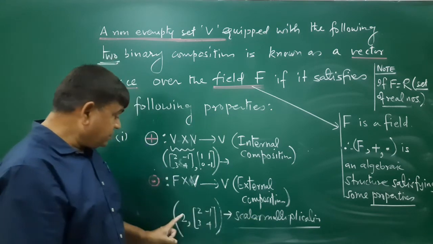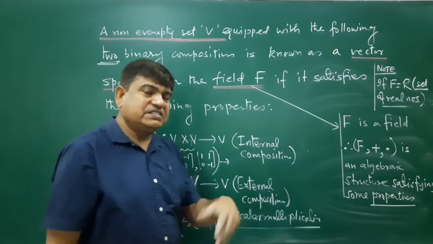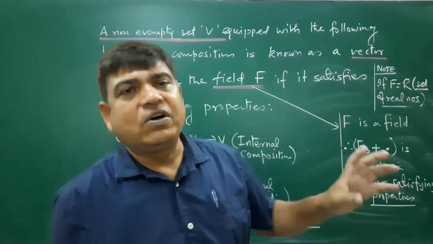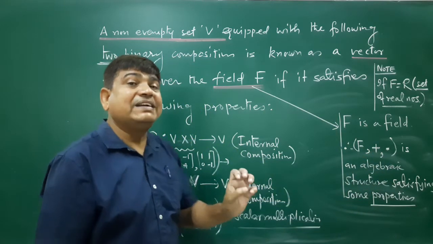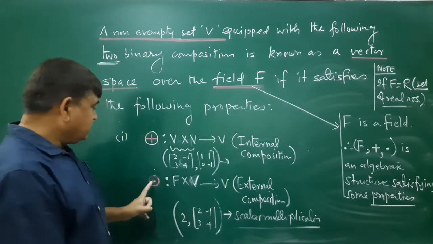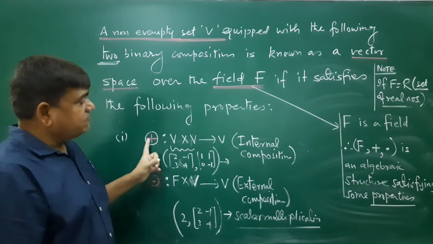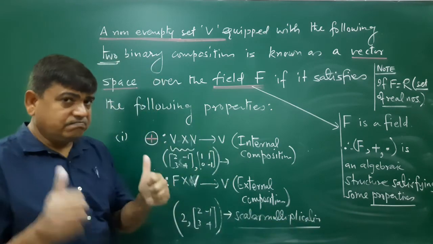Okay. So when 2 is multiplied by the matrix, you know how to multiply a matrix by a number. We multiply all entries by this particular number. So the answer is again a matrix. That means this operation is closed. This operation is also closed. So be careful.